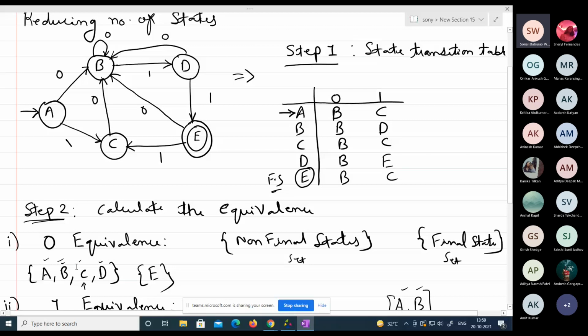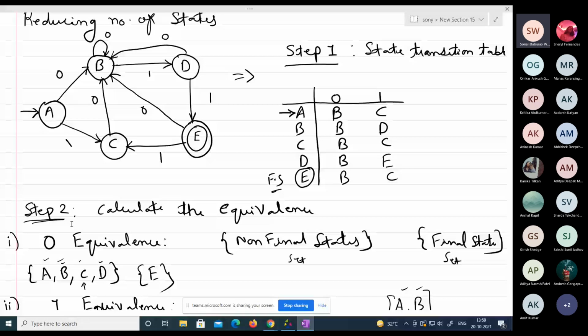One set will contain all the non-final states. What do you mean by non-final states? A, B, C, D. Non-final states include your initial state and all the other states which are not the final states. So that is our first group, group number 1.